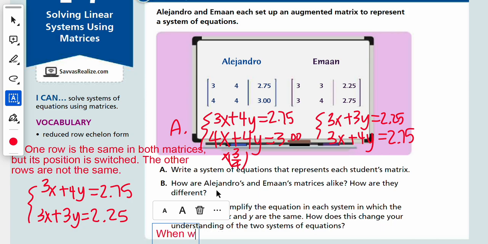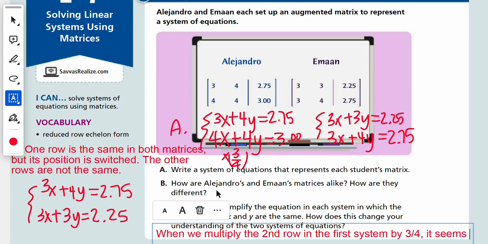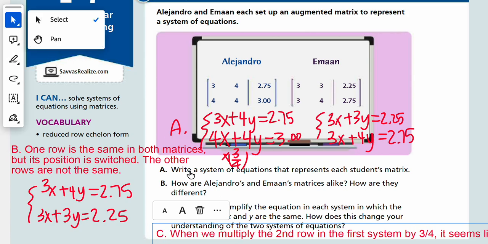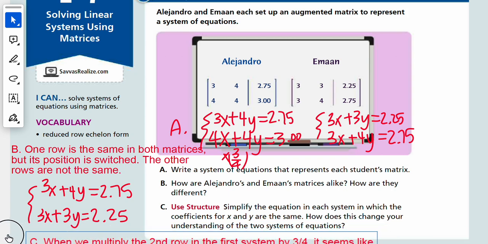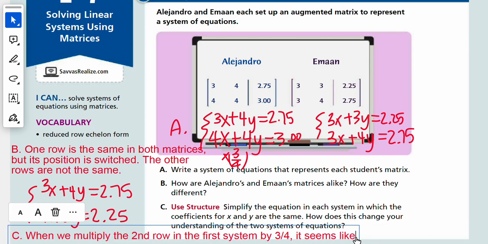So when we multiply the second row in the first system by 3 over 4, it seems like the systems are equivalent.